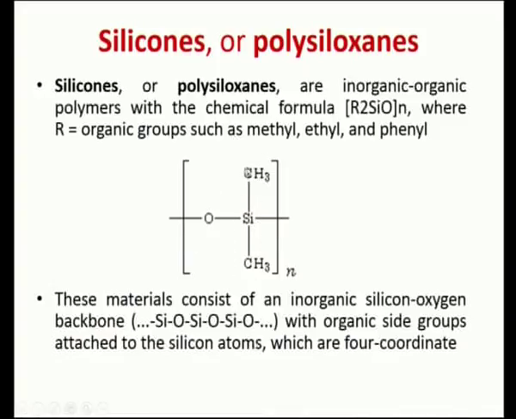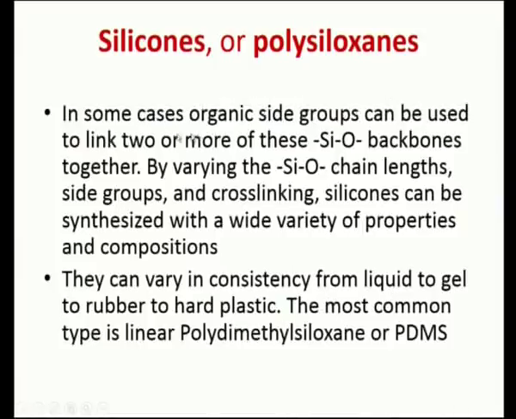Instead of methyl you can choose ethyl, propyl, butyl, benzyl, whatever may be, with organic side groups attached to the silicon atoms with 4 coordinate. In some cases, organic side groups can be used to link 2 or more of these SiO backbones together.